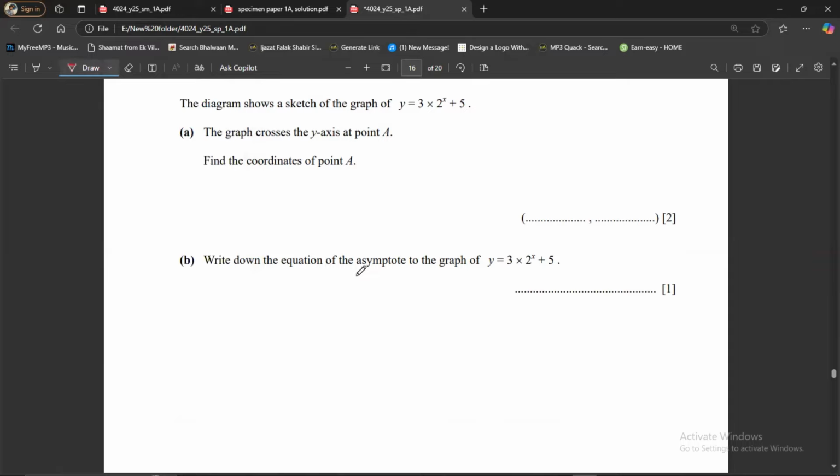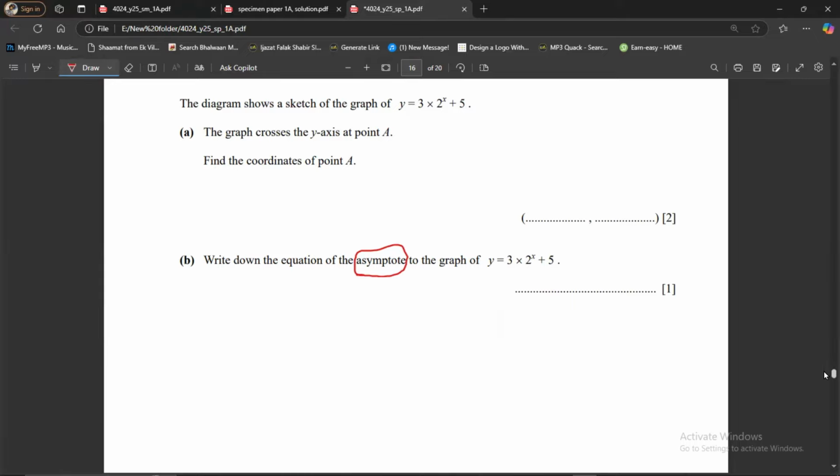Ask your teacher, this is a brand new thing which has been added into our syllabus. We have to tell what is the asymptote to the graph. This is a brand new thing which is starting from the May-June 2025 exam. So we have to tell what is the asymptote of this graph. The method is simple, but this is brand new.